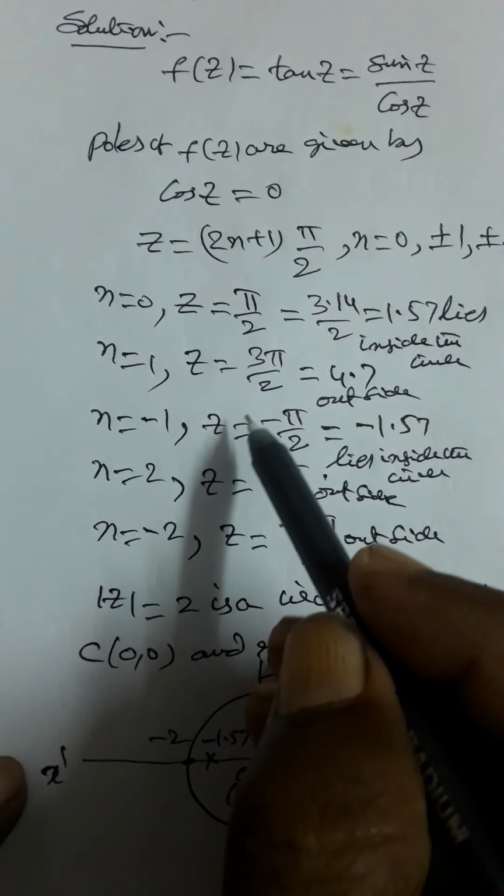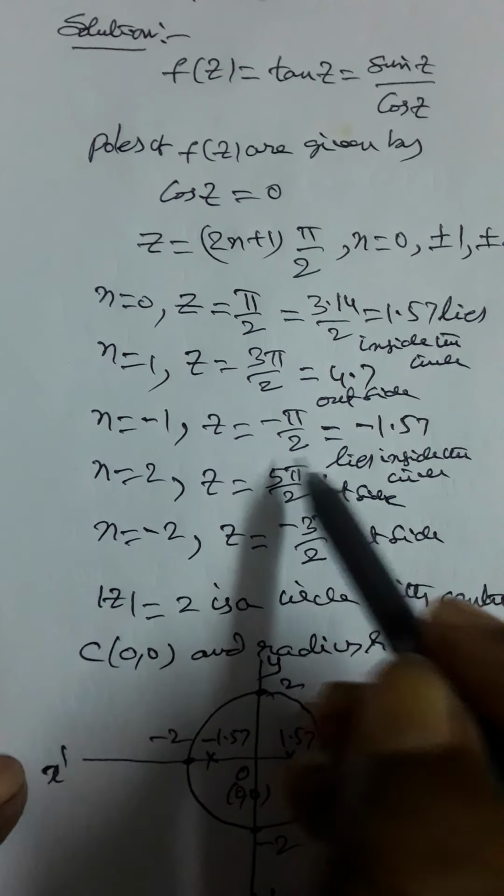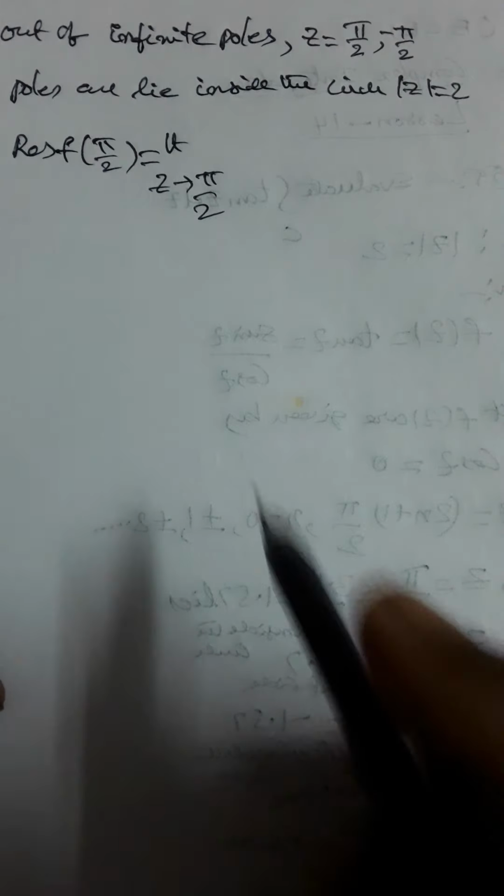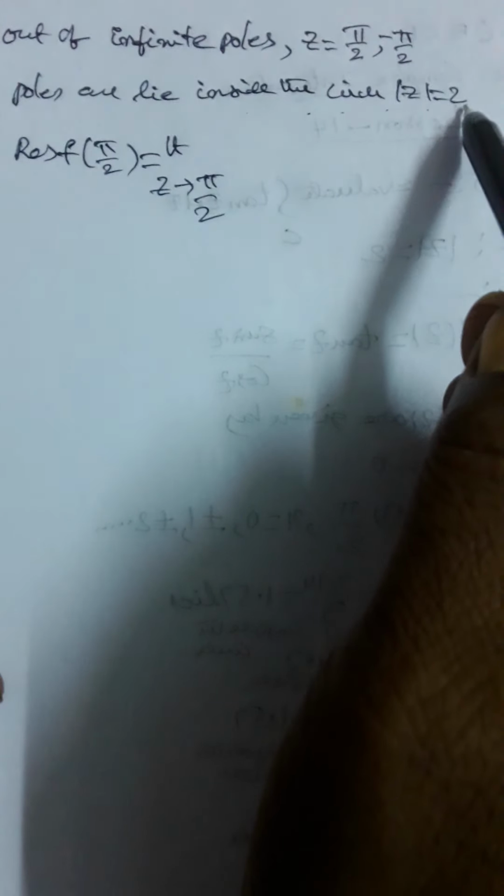Out of infinite poles, z is equal to pi by 2 and minus pi by 2 lie inside the circle mod z is equal to 2.